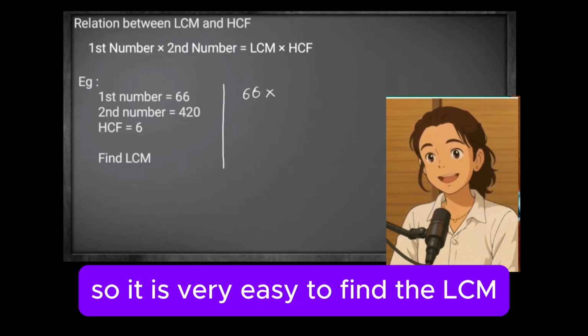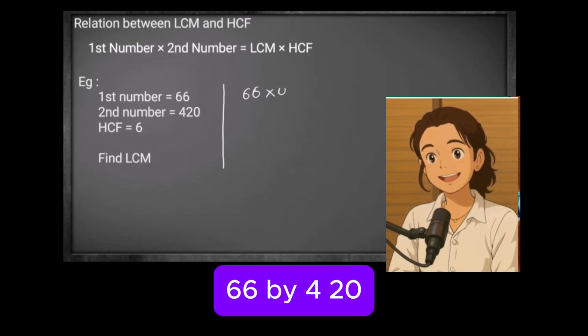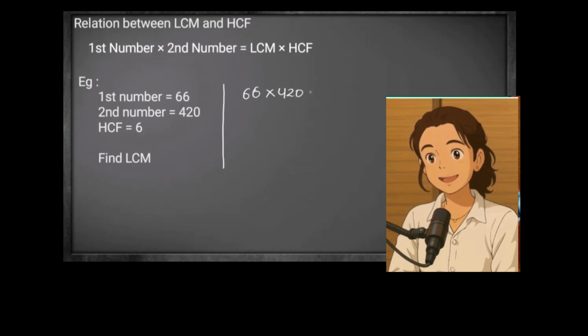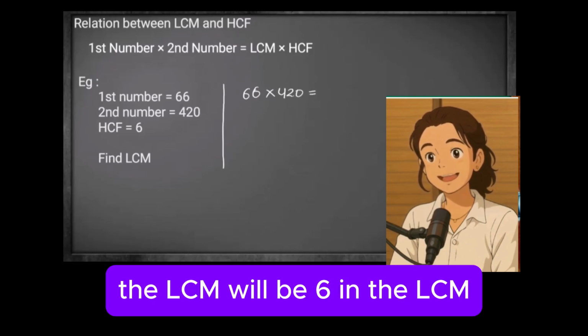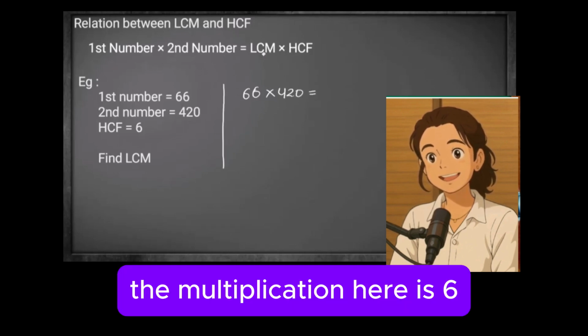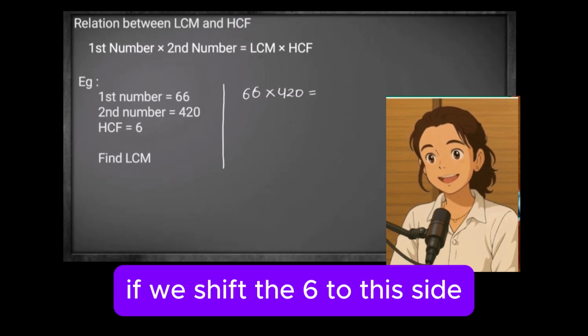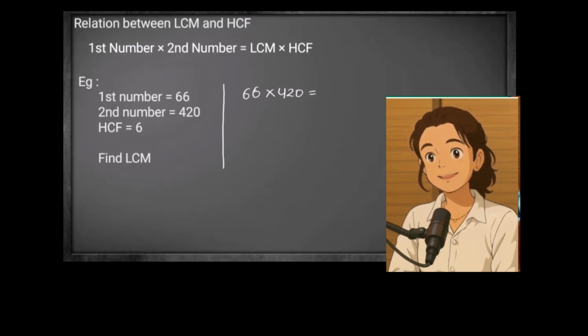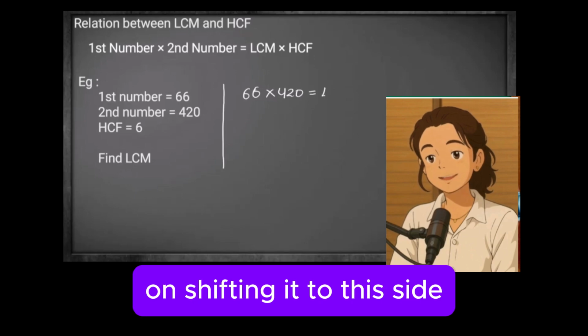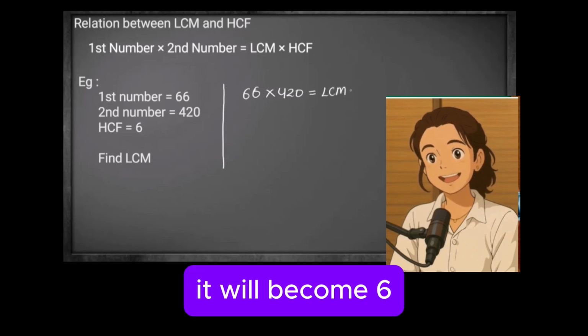So it is very easy to find the LCM. 66 multiplied by 420 equals LCM multiplied by 6. If we shift the 6 to this side, on shifting it to this side, it will become division by 6.